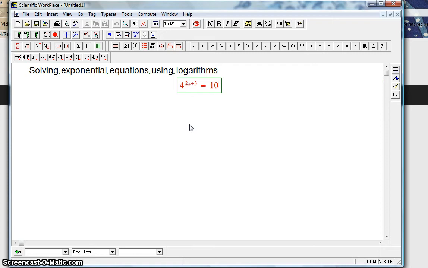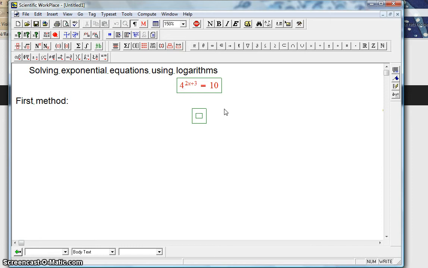And at some point, the calculator is going to be involved. But what can we do? Well, there's two strategies. So the first method would be to try to use the log to the base 4, which makes a lot of sense because 4 is the base here.